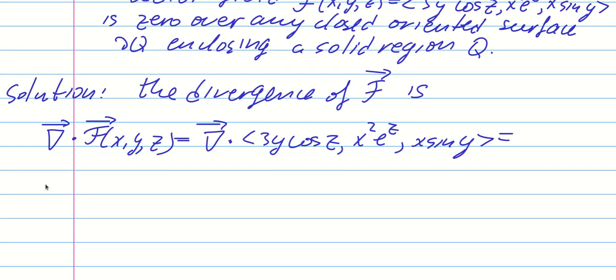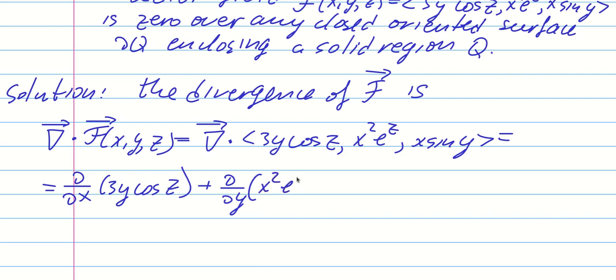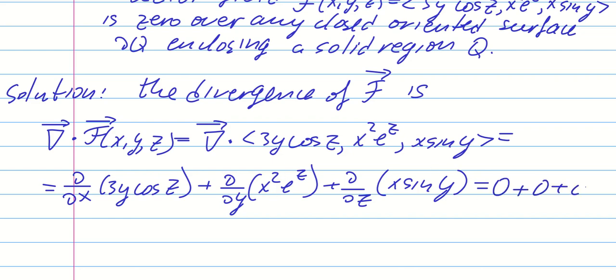So basically we have to take a partial with respect to x of the first component, 3y cosine of z, plus the partial with respect to y of x squared e to the z, plus the partial with respect to z of x sine of y. But as you can see, there is no x over here, so this is 0, this is also 0, and this one is also 0, so we get 0.